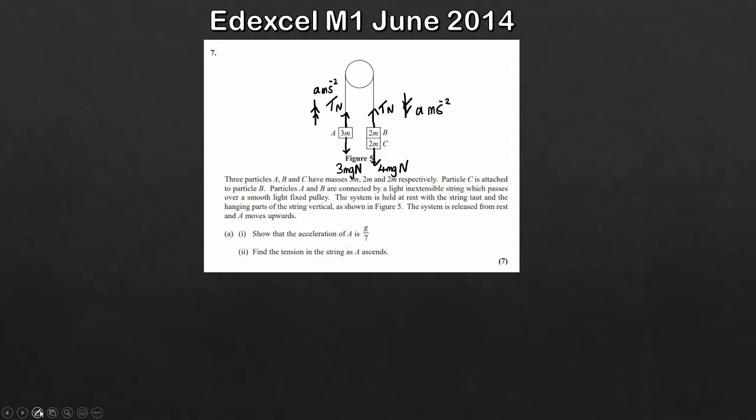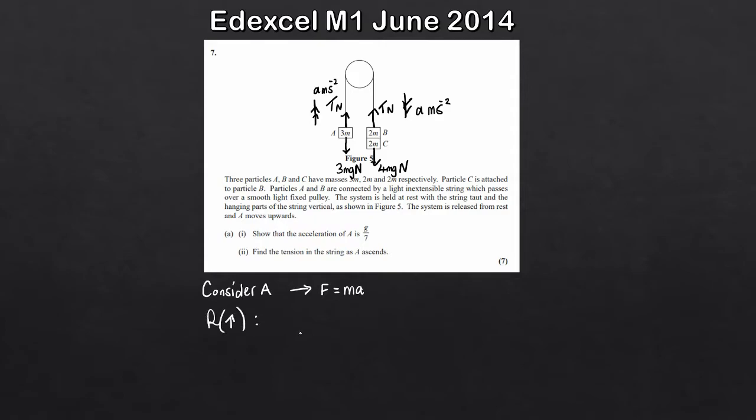Because we're dealing with the acceleration of A, it makes sense to work with particle A. So consider A. We're going to make use of the fact that force is equal to mass times acceleration. Because the motion is upwards, I'm going to resolve in the same direction.